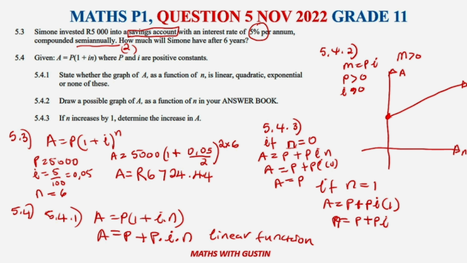So therefore your A value increased by a value of P i. We don't know what it is, but we know that it would have increased by that value based on what we just did here.